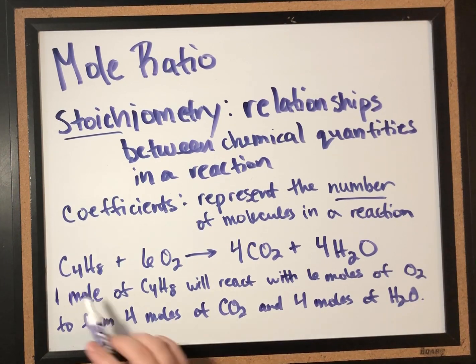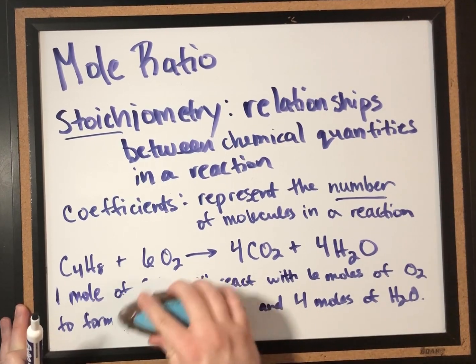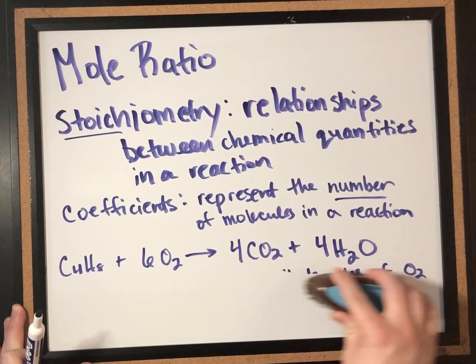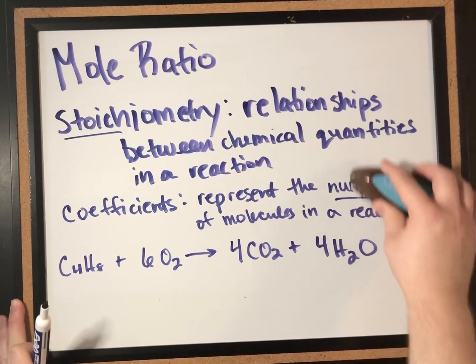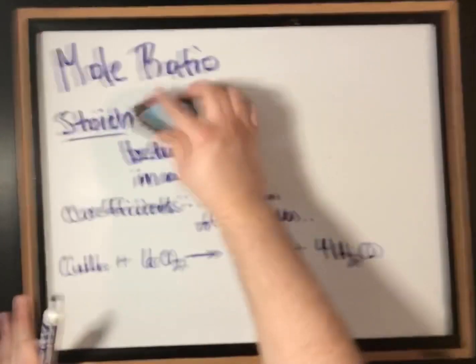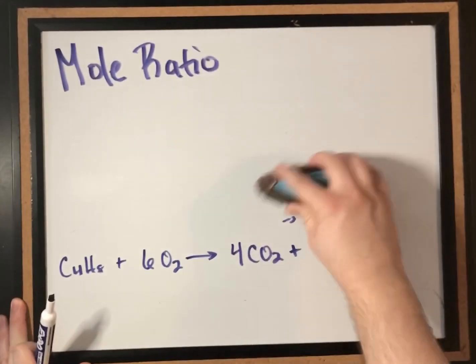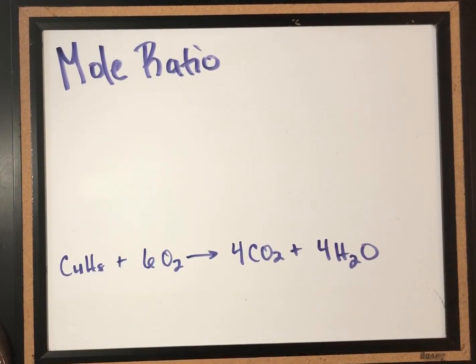Now you know that the coefficients can represent how many moles there are in a chemical reaction. So I'm going to go ahead and erase this and this. But we're still going to focus on this reaction right here, okay? So the mole ratio is basically comparing two quantities of a chemical.